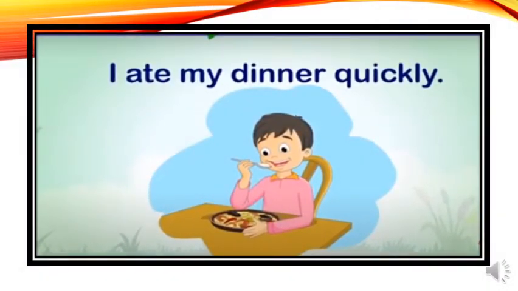Now let's see how adverb describes verb, an adjective, or another adverb. For example, I ate my dinner quickly. Here, the word quickly tells us how the action of eating happened. So, the boy ate his dinner quickly.